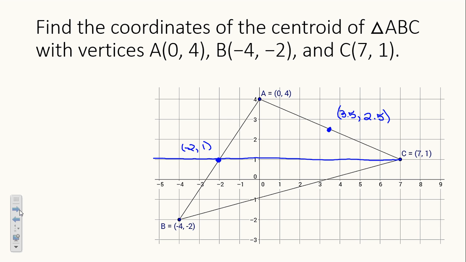There's my midpoint. The median goes from the vertex to the midpoint of the opposite side. From B to there, and I did not draw a straight line. It should be closer than that. And that's not going to be right either. Let's try that again.